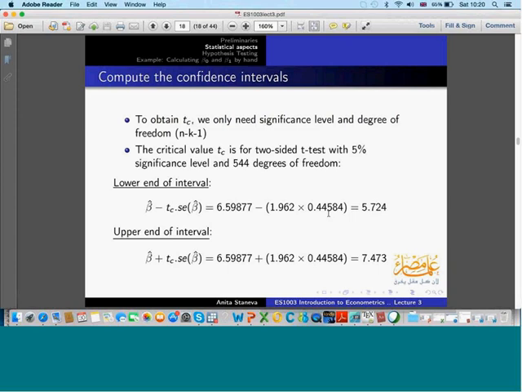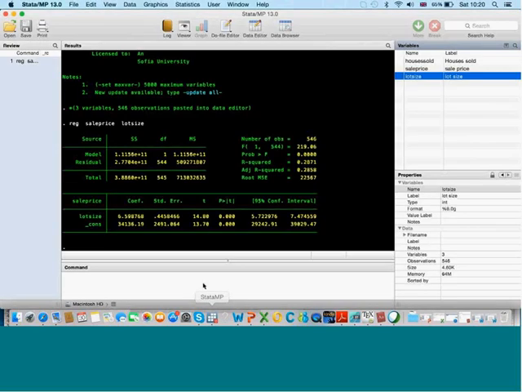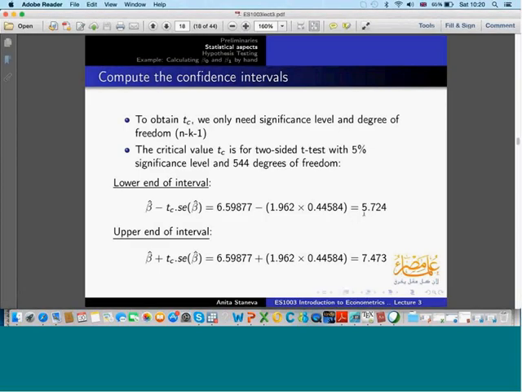And then the standard error for this beta, we saw after estimating our coefficient, is 0.445 something. So we just substitute this here, and we get for the lower end of the interval 5.724. In a similar way, we calculate the upper end of the interval as 7.47.